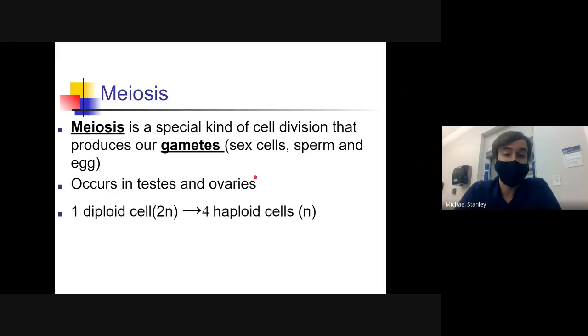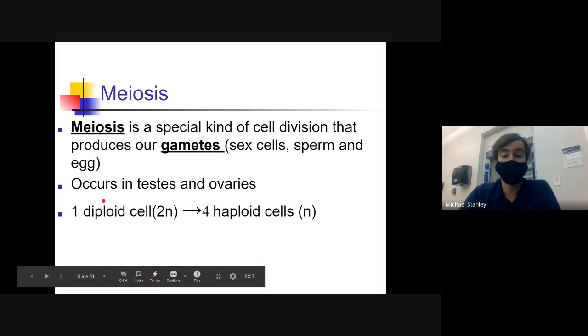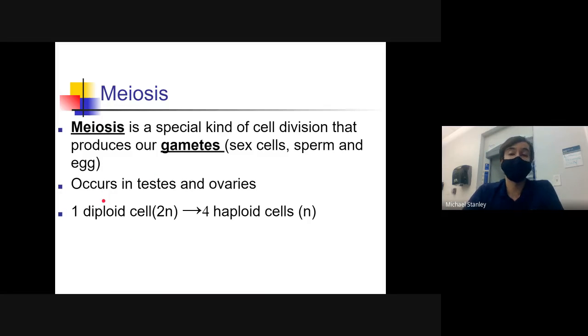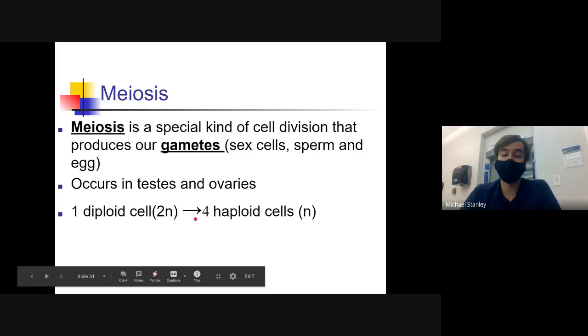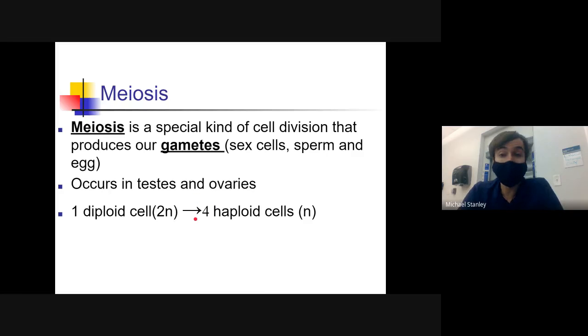And the reason that meiosis is different is that you start off with a diploid cell, a normal kind of cell, just like you would in mitosis, except by the end of meiosis, you have 4 new cells, and these 4 new cells are haploid.